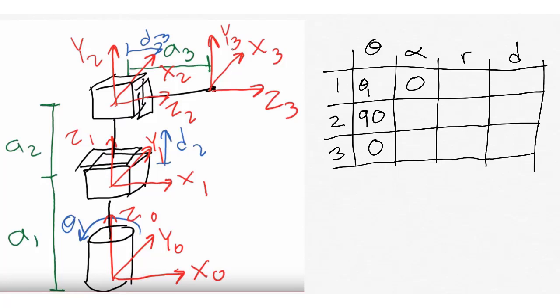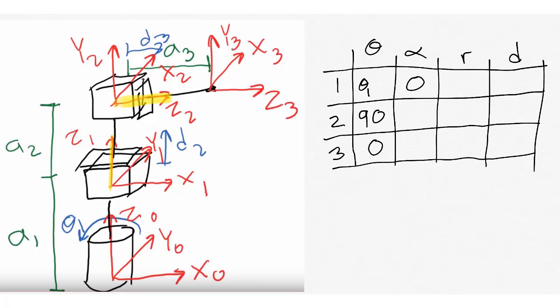Next, let's find alpha for the second row. I'll identify the z directions for frame 1 and frame 2. z1 is pointing up, and z2 is pointing to the right. So there is going to have to be some rotation to get these two to match.